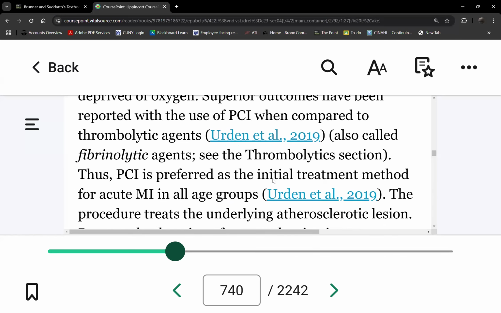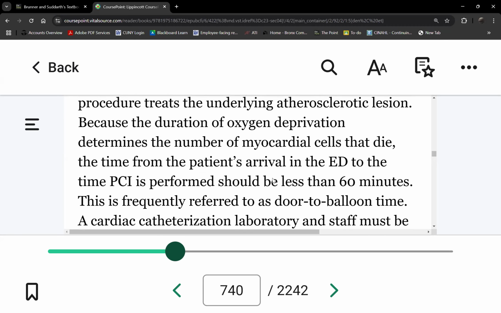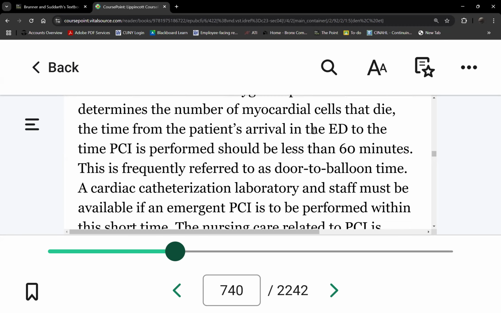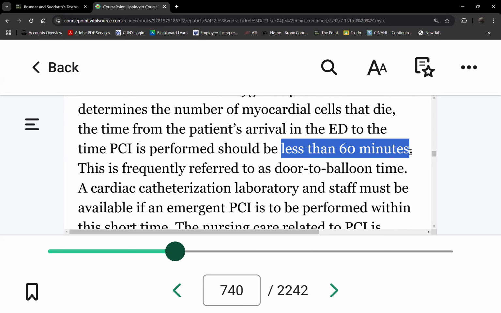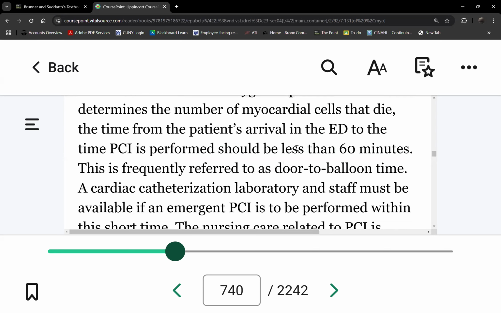All right, so let's go to the standard. Okay, so how long should we get you in there? As soon as possible. So the standard is less than 60. Used to be less than 90, but of course, which one's better, 60 or 90? 60.